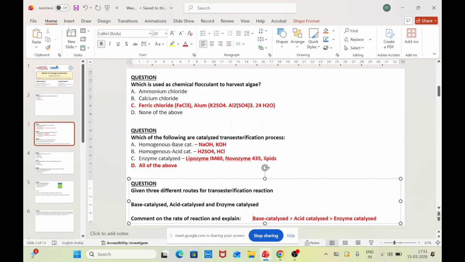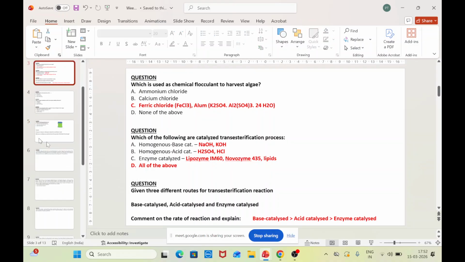So this is the order. So if you use base as a catalyst, then the pace at which the reaction progresses will be faster compared to if you use acid, compared to if you use enzyme. So now please explain to me why this order is followed. What could be the reason behind this order?